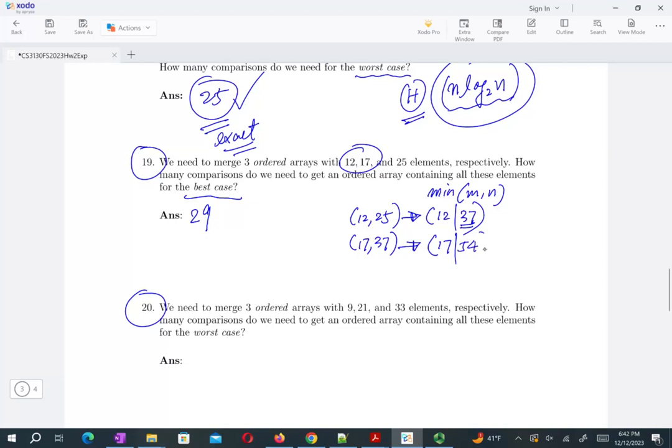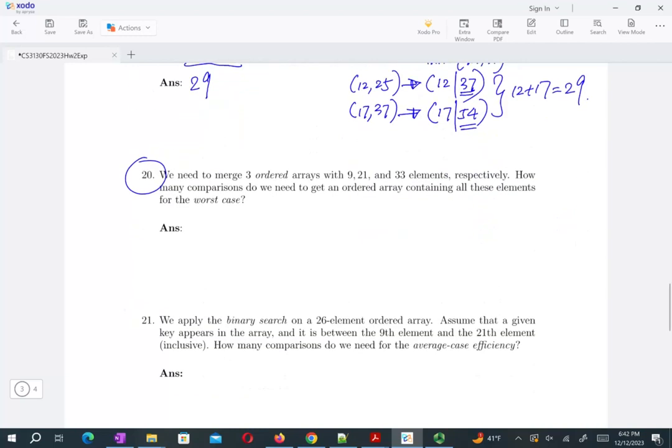Many students give me 54 as the answer, but that's not correct. Add up these two, 12 plus 17 equals 29. So that's the way we merge these three arrays for the best case.